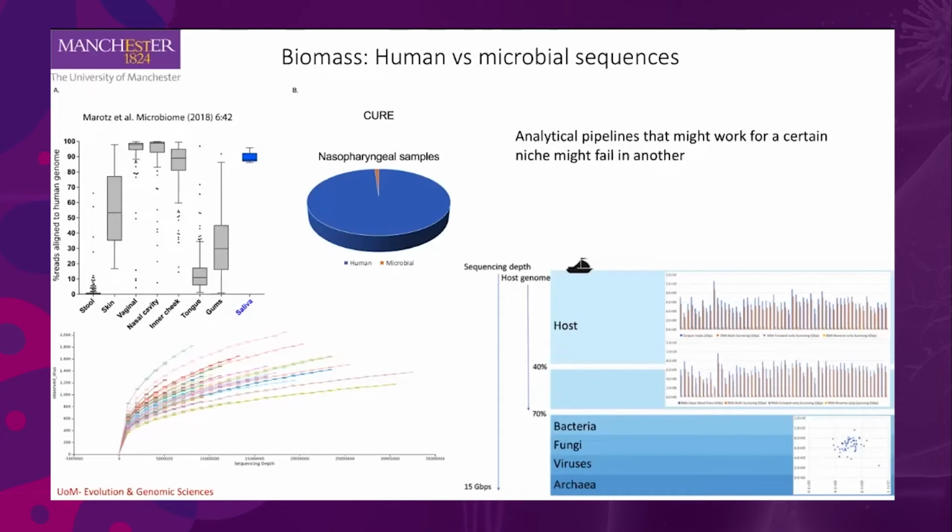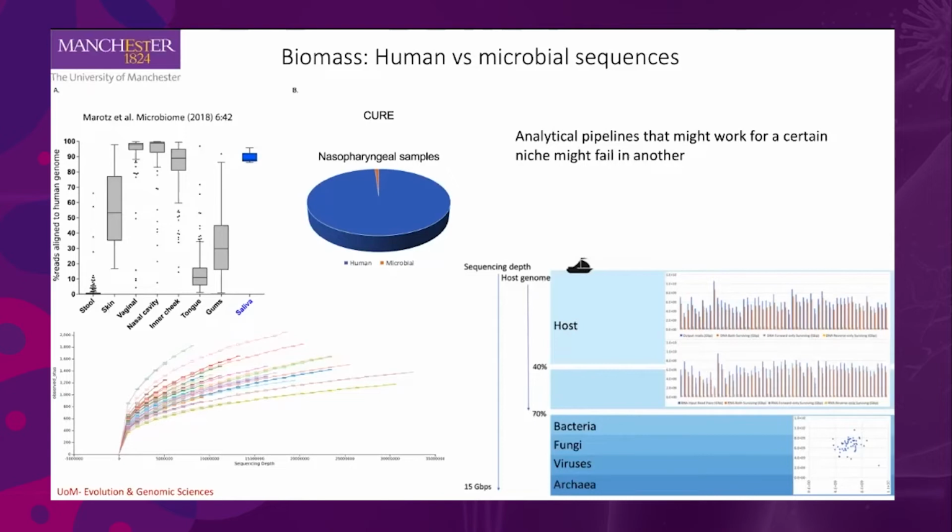For example, in gut microbiome studies that are based on stool samples, we hardly need to do any enrichments for microbes because the human contamination is really, really low. So most of the sequencing output that we get is directed towards non-human genomes.